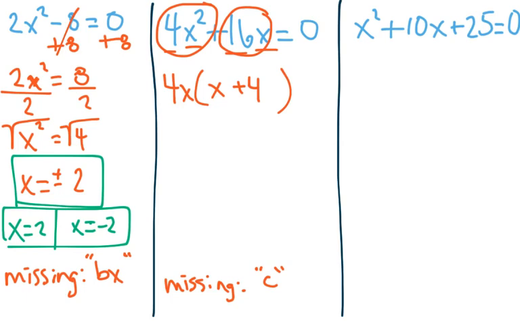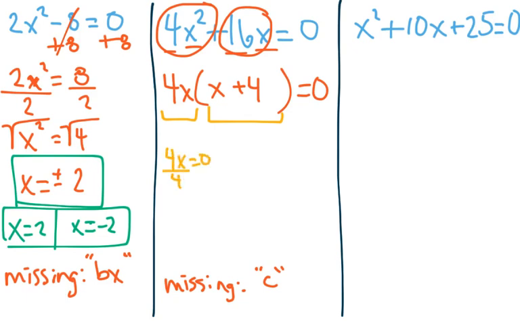Now again, this is equal to 0, so I'm trying to solve for 0. What we know is that if I can make this equal to 0, and if I can make this equal to 0, since this is multiplication, anything multiplied by 0 is going to equal 0. So, moving on, I'm going to set each of these equal to 0. So 4x equals 0.